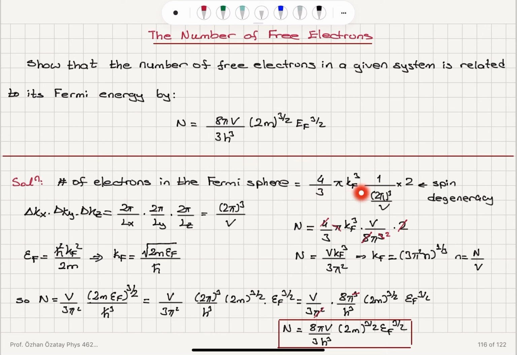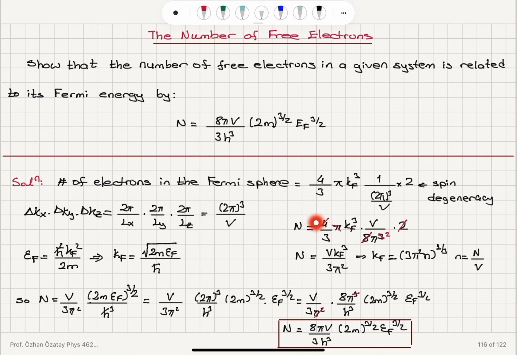The volume of the Fermi sphere, 4/3 pi kF cube, divided by the unit volume where we have one state. And since k values are 2n pi over Li, where i is the dimension x or y or z, we have 2 pi parenthesis cube over V for the unit volume where we have one state.